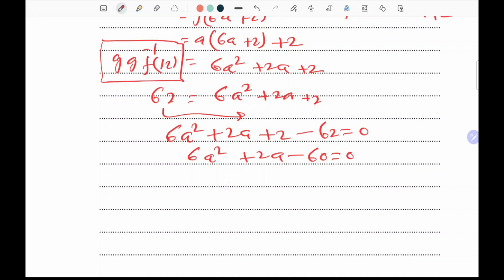Now we can use the calculator again for that. So that is 6, then 2, then minus 60. How much did we get? We got 3. Okay, 3 and minus 10 over 3.